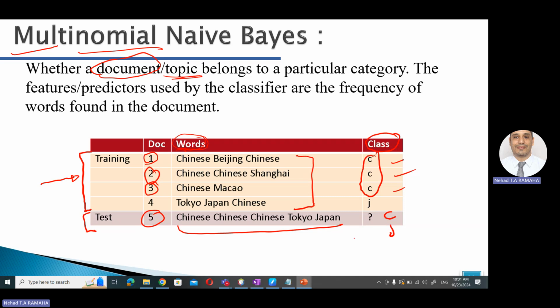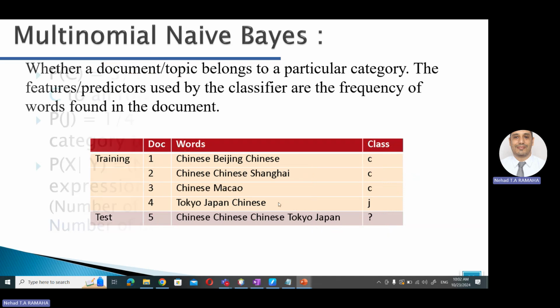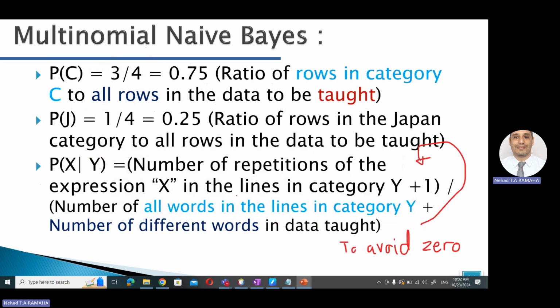We use the same rule, Bayes rule, but for the calculation, we have a little bit different here because we depend on the frequency of the words in each document. Okay, so we will use this rule. First of all, we need this data to calculate it.